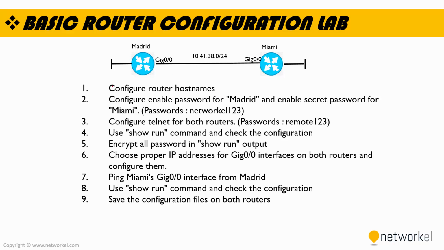We are gonna go step by step, and in the first step our lab says to configure router host names. First let's set this lab up in Packet Tracer, then configure the host names as shown in the figure.